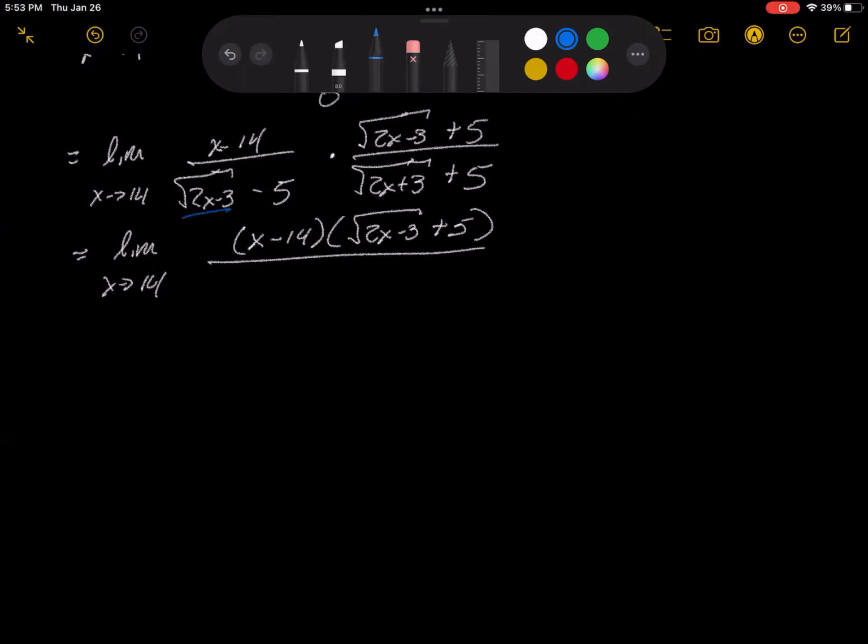When the square root of 2x minus 3, oops, I made a mistake. This should be 2x minus 3. When the square root of 2x minus 3 hits the square root of 2x minus 3, it returns a 2x minus 3. When the square root of 2x minus 3 hits the plus 5, I have plus 5 square root of 2x minus 3, but then it's immediately taken away. And finally, minus 5 times the plus 5 returns a minus 25.